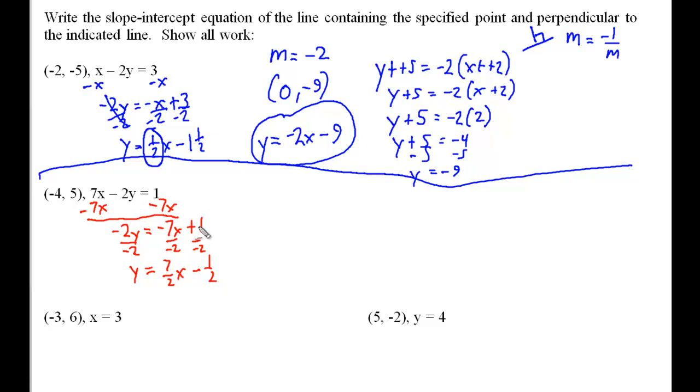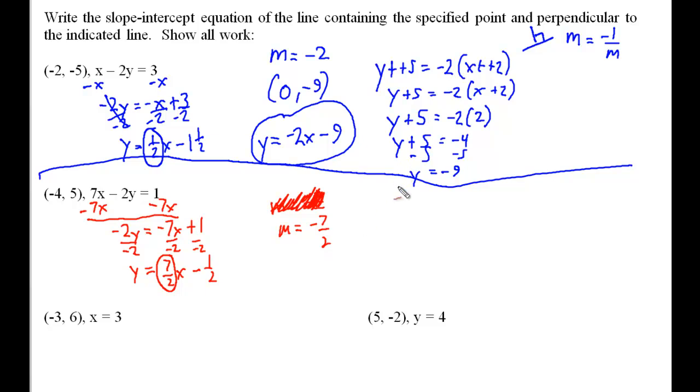Now, since we want perpendicular, we're not going to use the same slope. We're going to use the opposite reciprocal, which is a slope of -2/7.